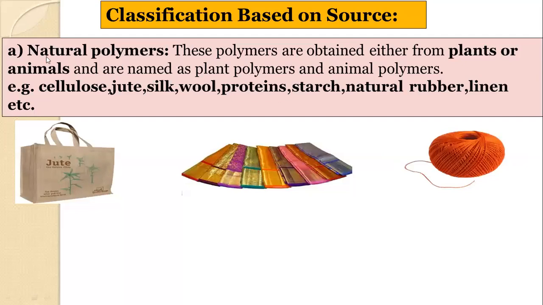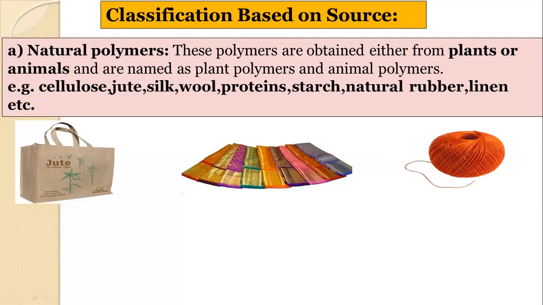First one, natural polymers. As the name itself suggests, natural polymers are obtained from nature. These polymers are obtained from plants or animals. So these are also called plant polymers and animal polymers. If the polymers are prepared from plants, these are called plant polymers, and the polymers prepared from animals are also called animal polymers.